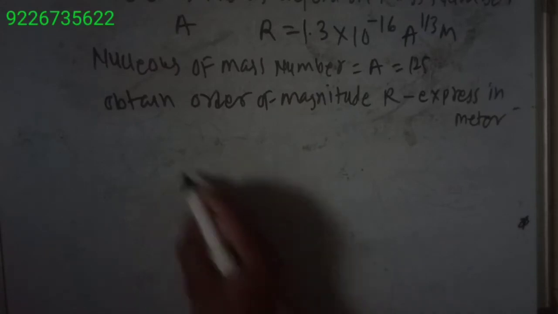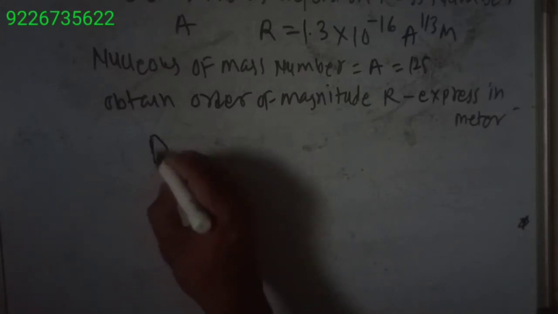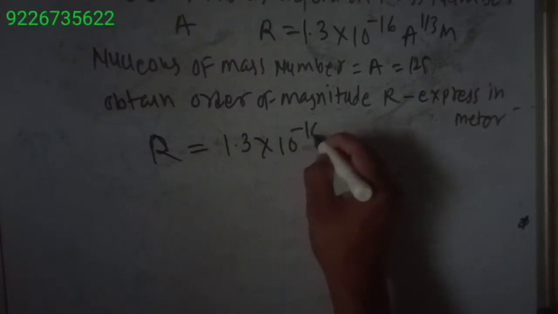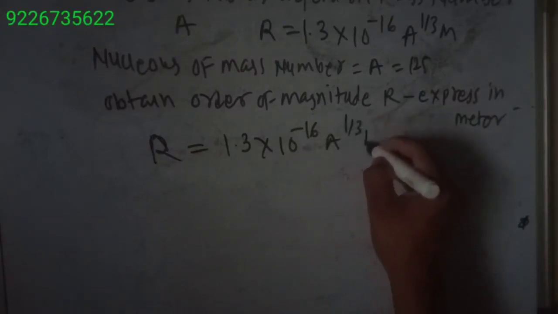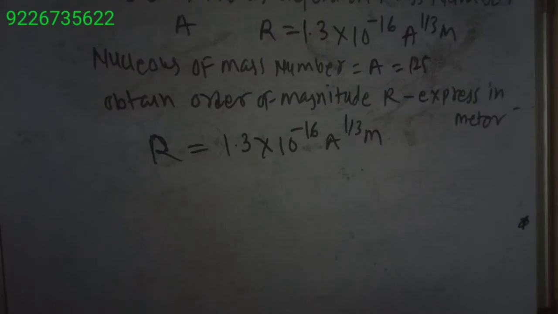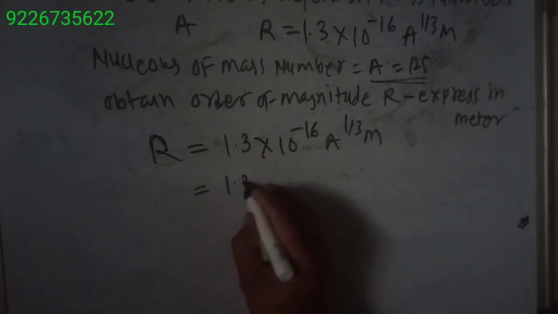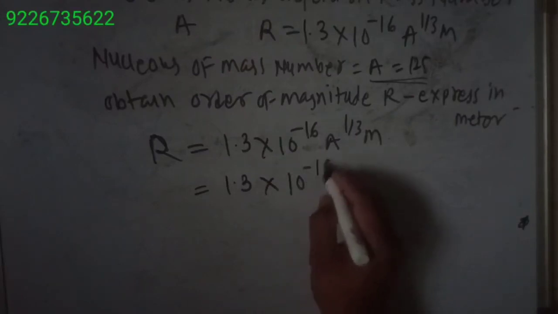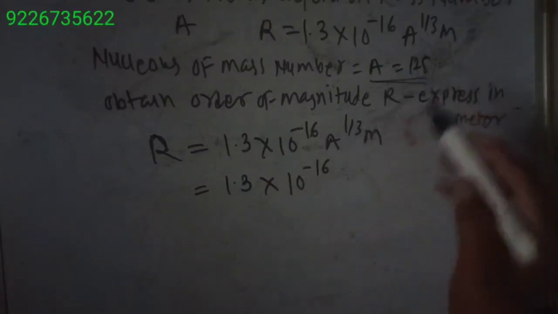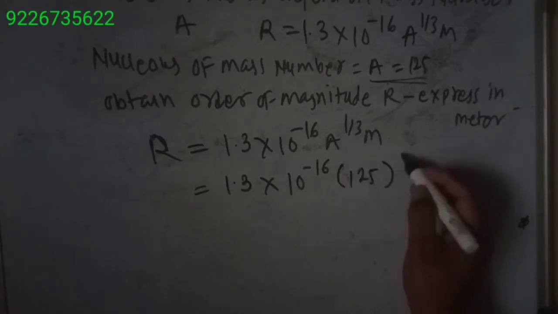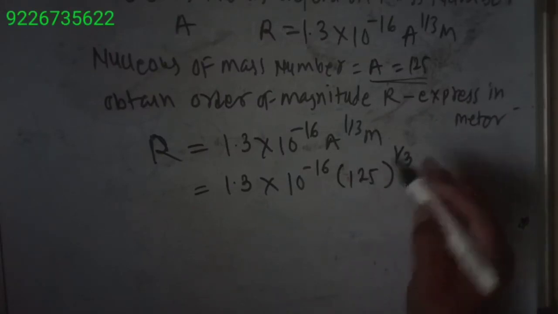So given, R is equal to 1.3 into 10 raised to minus 16 A raised to 1/3 meter, and the value of A is 125. So we write 1.3 into 10 raised to minus 16, and instead of A we write 125 raised to 1/3.